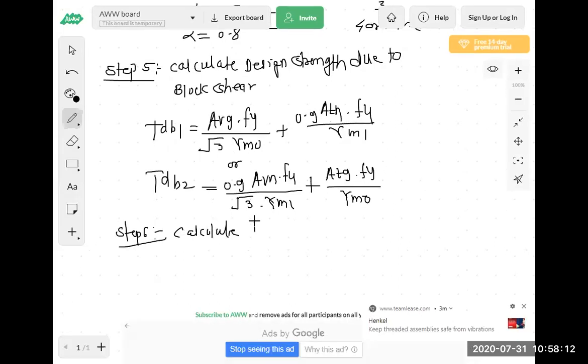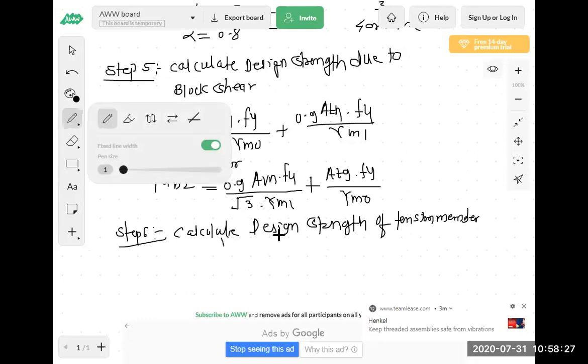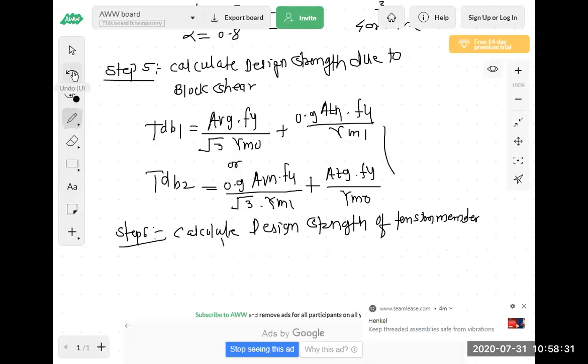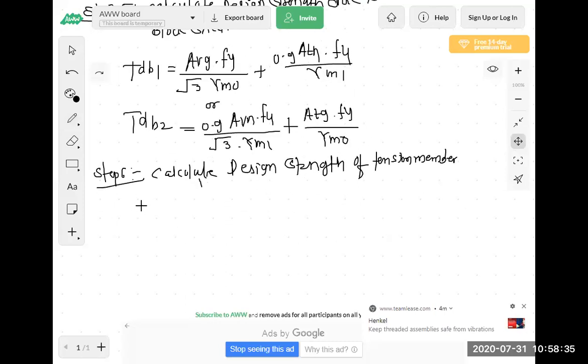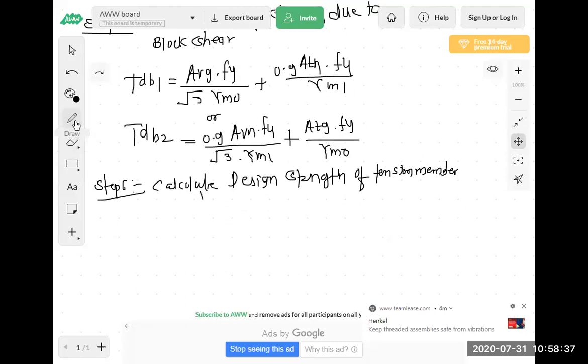Calculate design strength. Design strength of tension member. So design strength of tension member is similar to bolted connection. In bolted connection, what is the design strength of bolted connection? Minimum of these.